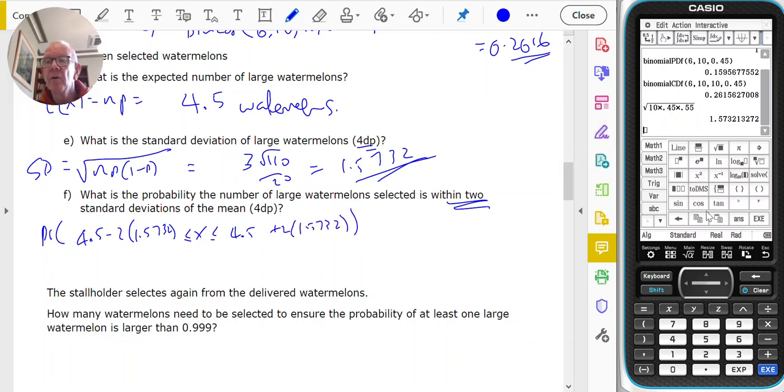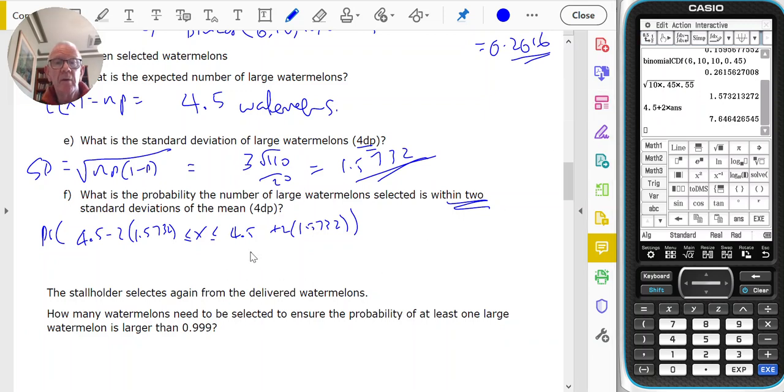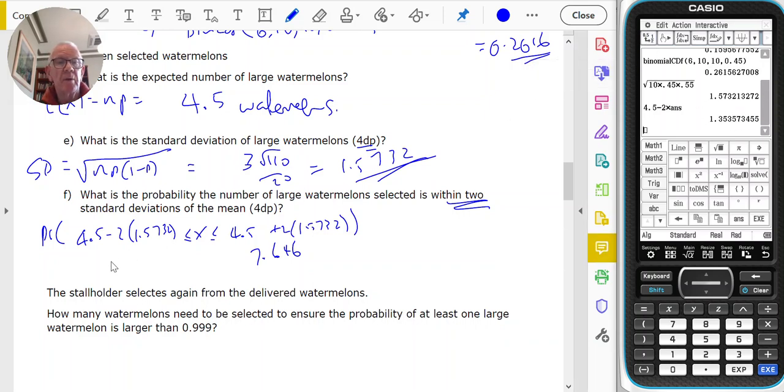So I've got 4.5 plus 2 times the last answer, which is 7.646, or minus, which is 1.35.